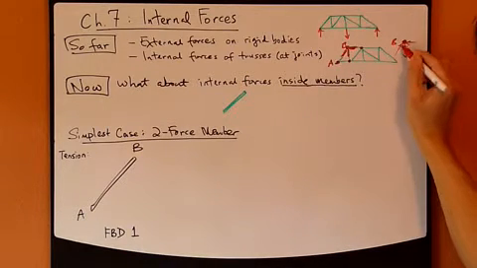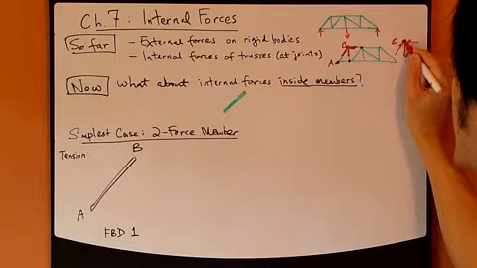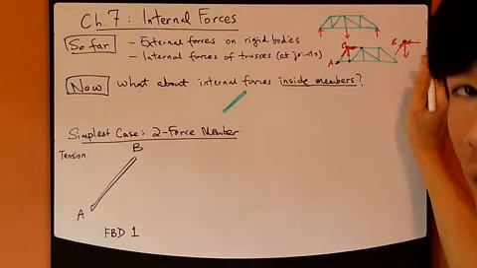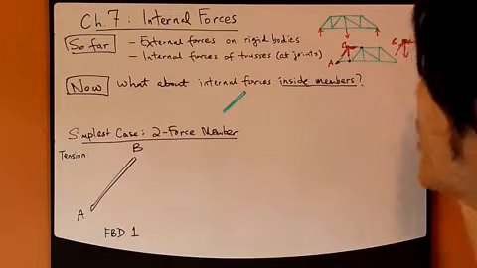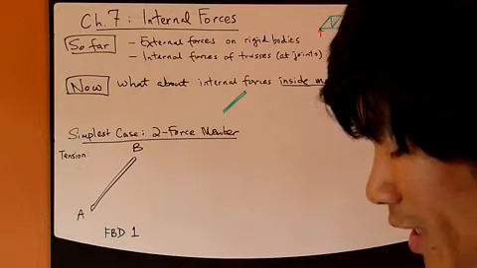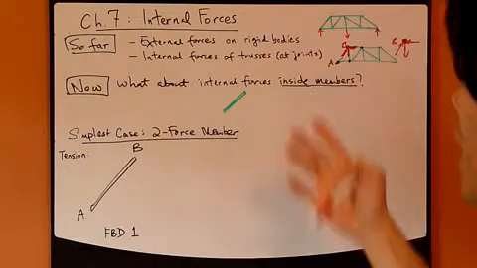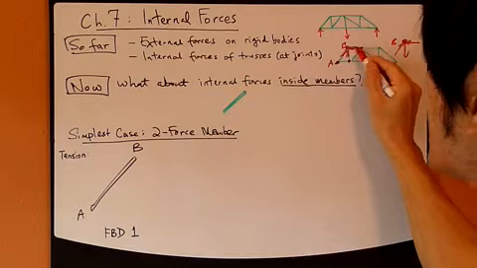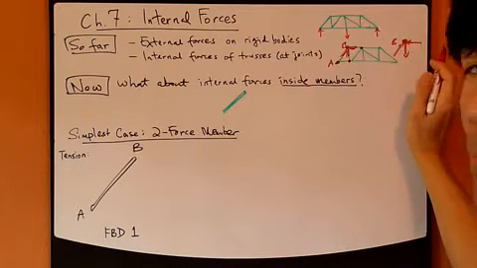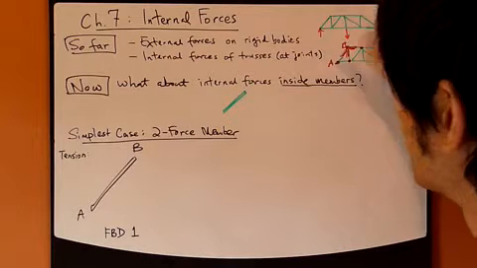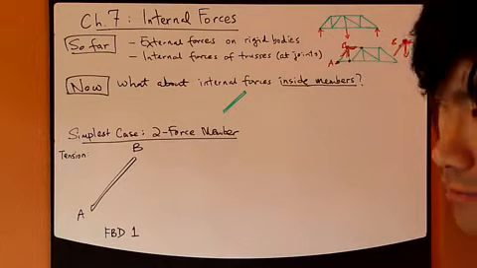Now these three forces become external forces, external to this joint. So depending on what your free body diagram is, internal forces could become external forces. That's what we've discussed so far.